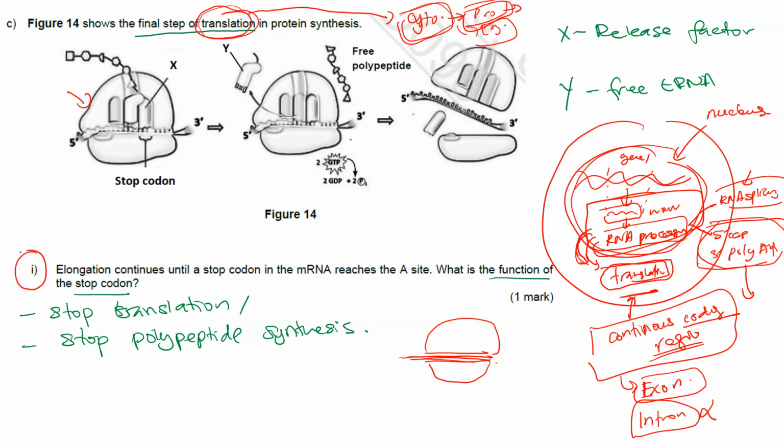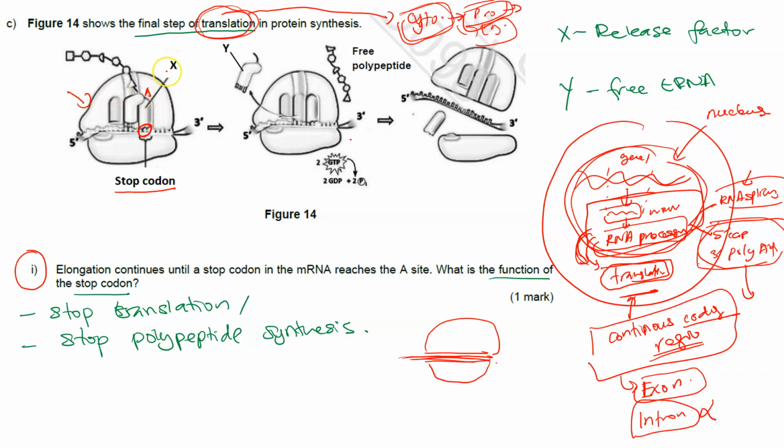Question number 1, elongation continues until a stop codon in the mRNA reaches the A site. What is the function of stop codon? During translation, the codon that will be read is the codon that is in the A site.